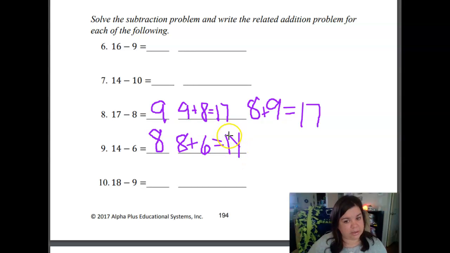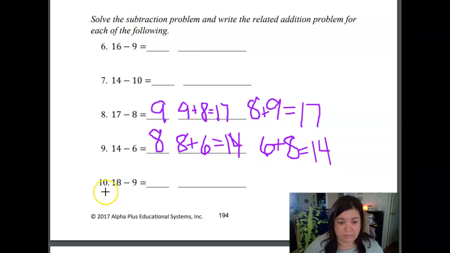That looks like a Y, doesn't it? It did not come out very well. Okay, and then our second one, you just flip the numbers. 6 plus 8 equals 14.